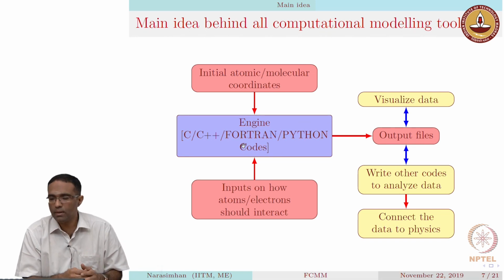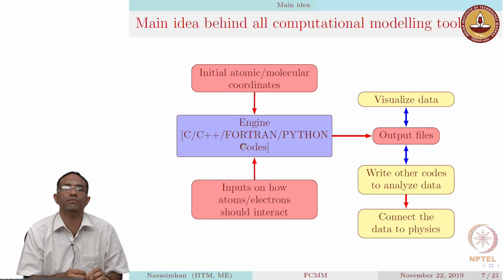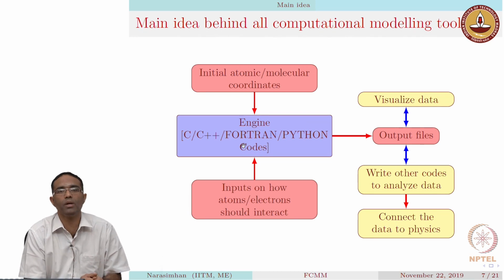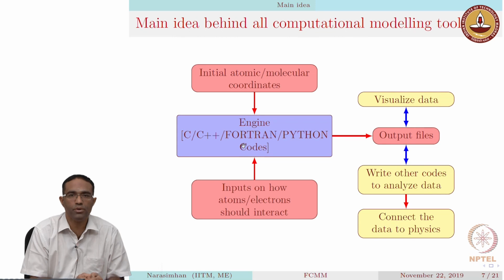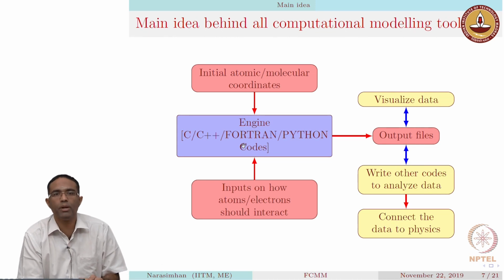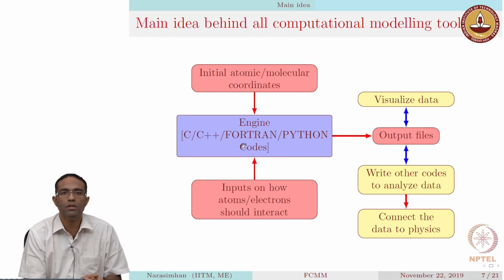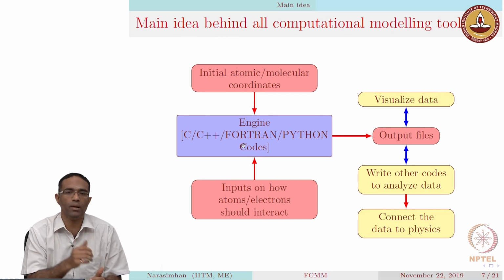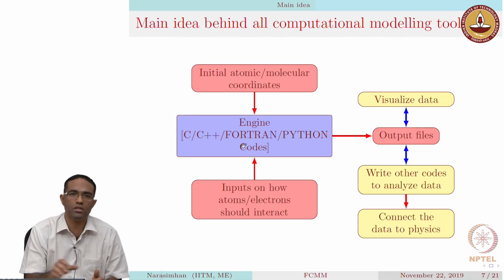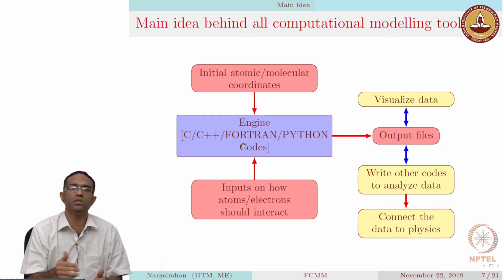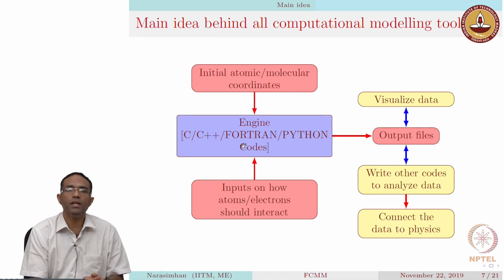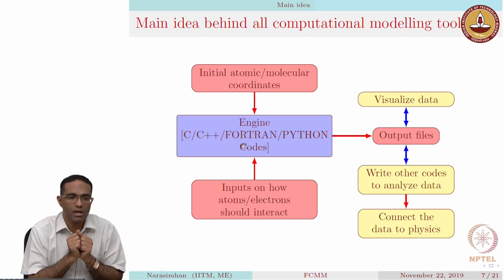In addition to that, the engine by itself will have certain capabilities where you are able to tell what needs to be done with the input that you have provided. For example, you might want to change the temperature of the system from 10 K to 300 Kelvin. How to do that? There will be several commands that this software offers, where you will be able to specify these things in an input file, and then you do something called running the input file.